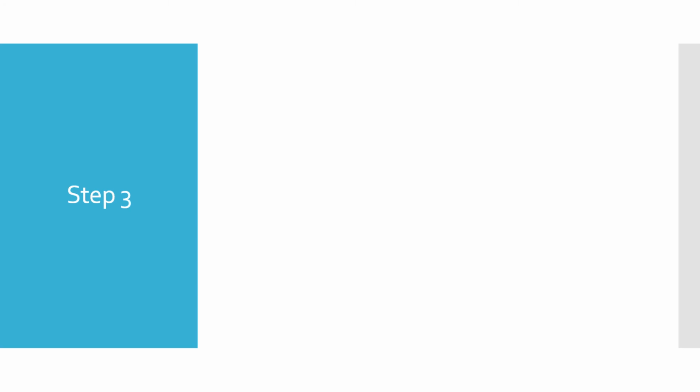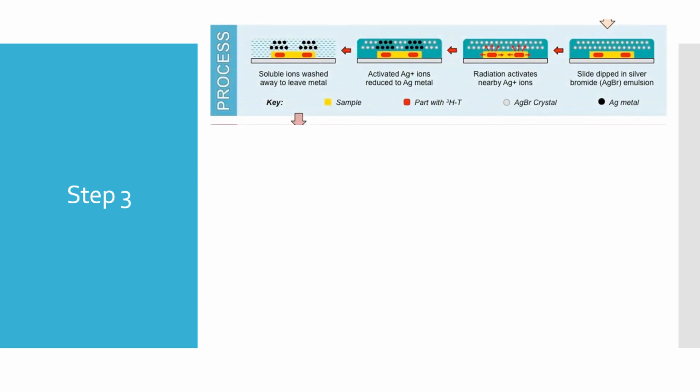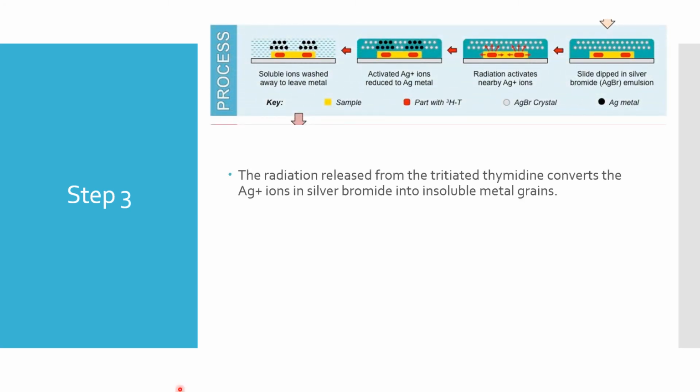After step 2 is step 3 in Cairn's technique, and in this step the radiation from the tritiated thymidine converts the Ag plus ions in silver bromide into insoluble metal grains, which are indicated in the graph as the black dots.